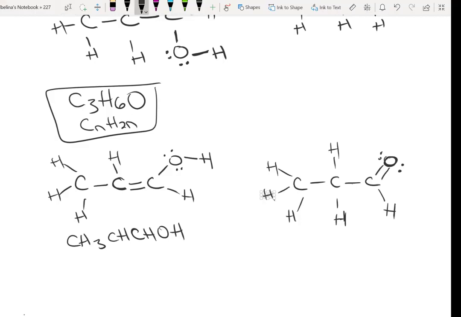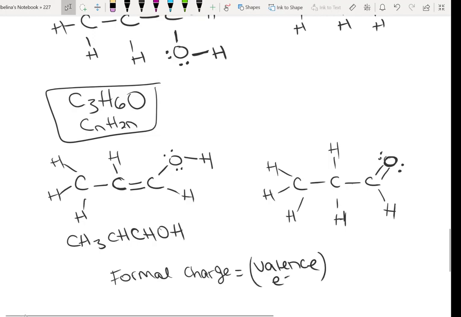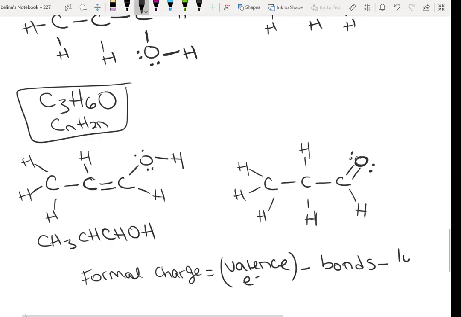Why is that? Because when we calculate formal charge, what we're looking at is the number of valence electrons that the element came into the formula with. So if we're doing oxygen, for example, let me write it out. So valence electrons, and then from that, you're going to subtract the bonds to the specific atom in the molecule, and then the lone pair electrons.